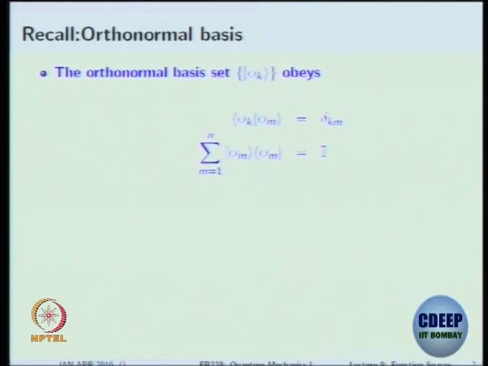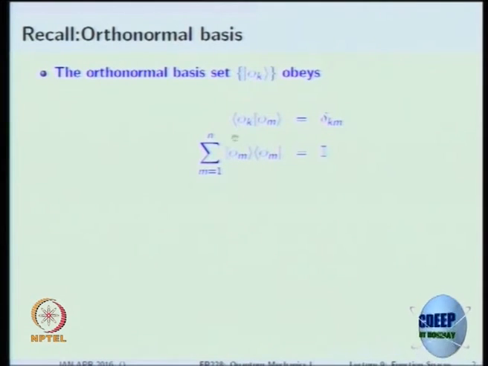We said that there is an orthonormal basis set which we denoted by this angular bracket which is called ket, and it obeys the inner product should be delta, Kronecker delta, and also we had this outer product.